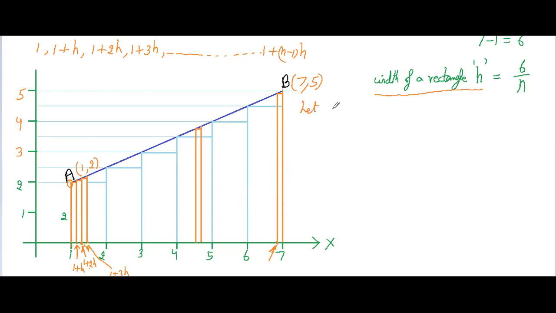Let the equation of AB be of the form of a linear equation, ax plus by equal to c. You remember?